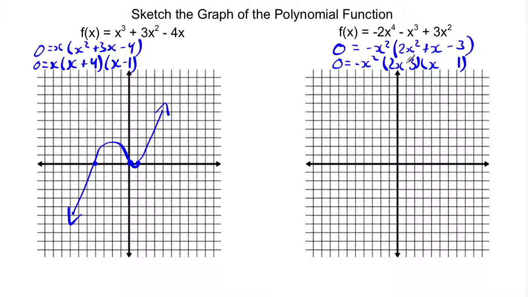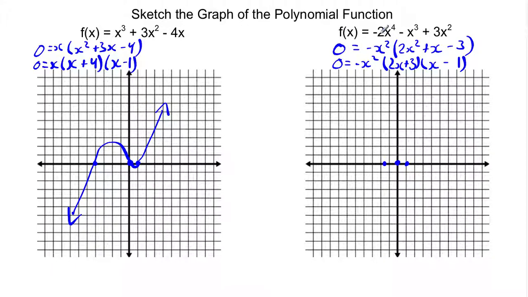So I'm going to have a positive 3x minus a 2x to give me that positive x. Now, if I set these equal to 0, I'm going to get x is equal to 0, x is equal to positive 1, and x is equal to negative 3/2.